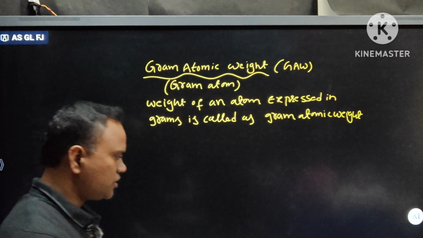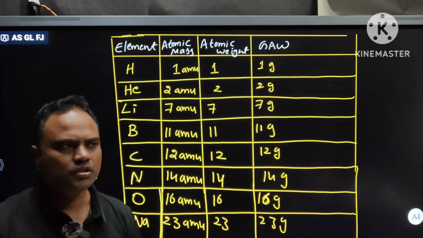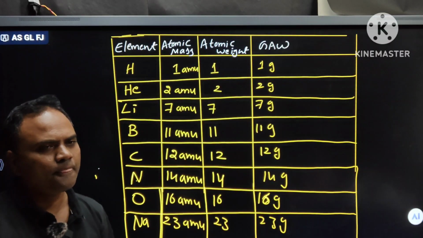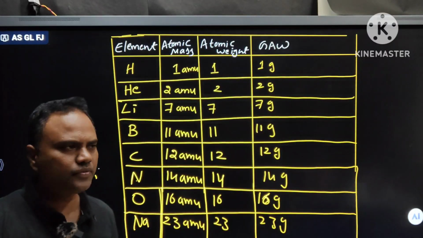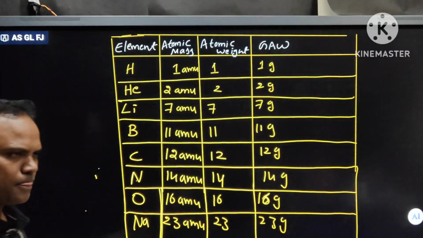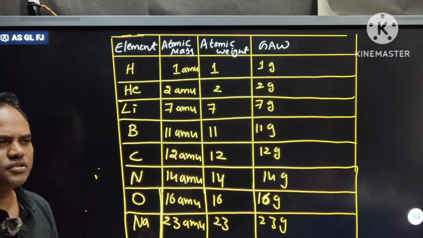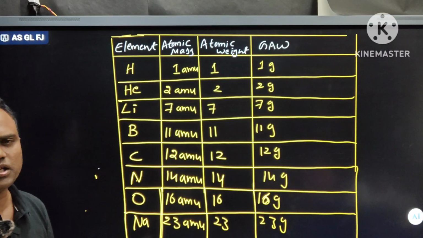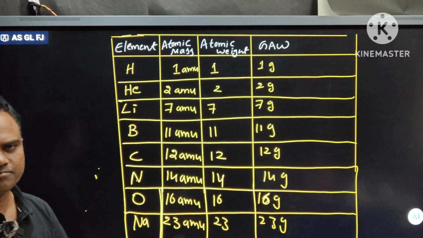Okay, right. You know one trick to find atomic weights. If you double the atomic number, in 99% of cases you will get the atomic weight. But for a few elements you have to add 1. Sodium atomic number is 11. 11 plus 11, but you have to add 1.